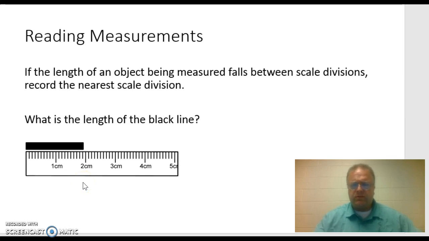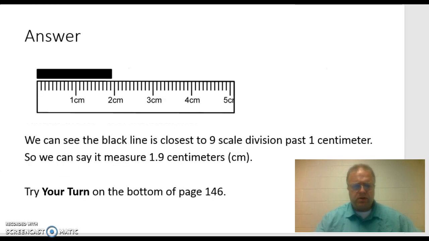So we're going to round that black line to the nearest 1/10 of a centimeter, and that's the measurement we're going to use. We see it's past 1 centimeter, but before 2 centimeters, and it's only one notch before the second centimeter. So we can say that this is 1 and 9/10 centimeters, or 1.9 centimeters, abbreviated cm.